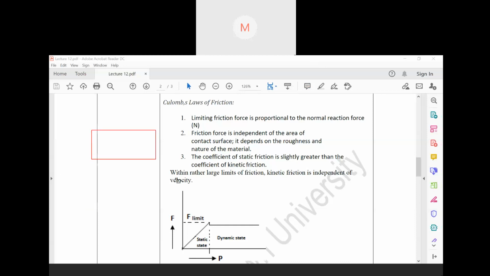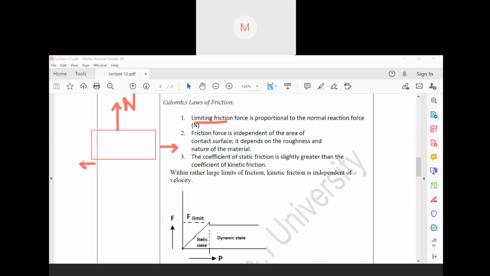Now we have one normal reaction. Yesterday we discussed about it, no? And the other thing is the limiting friction force.